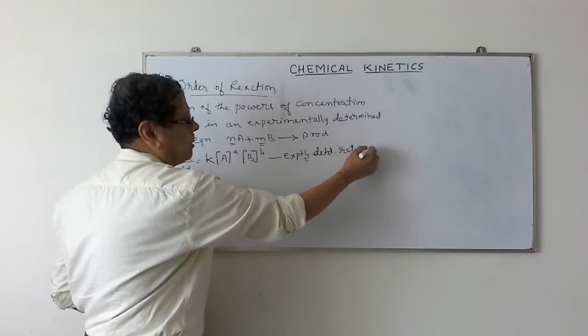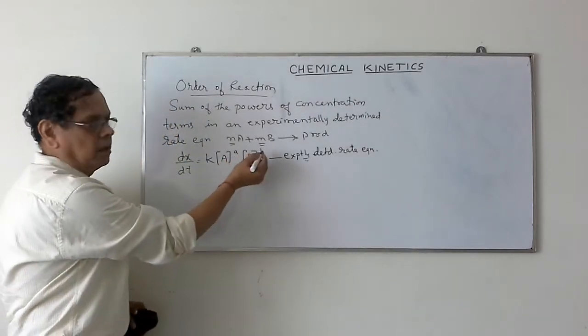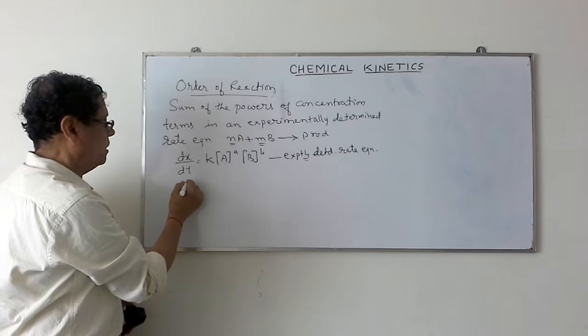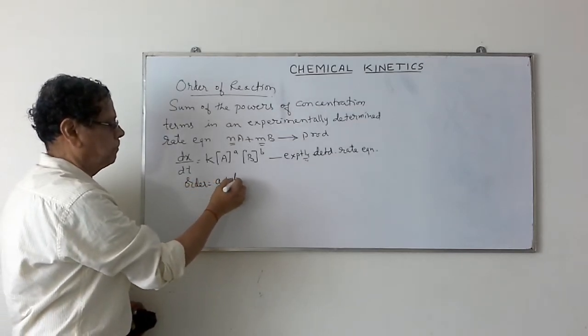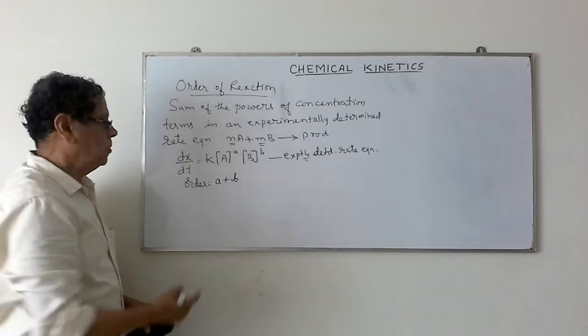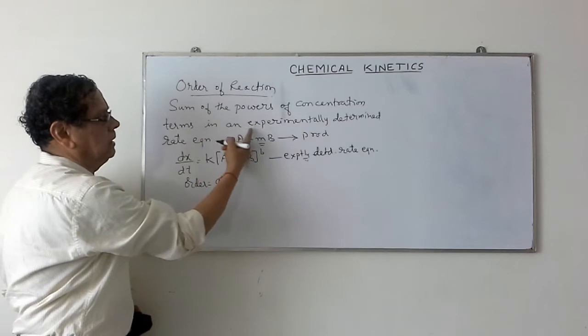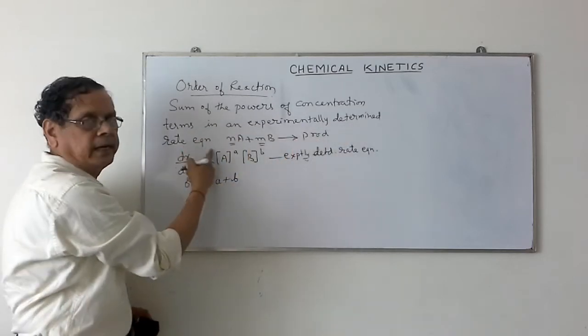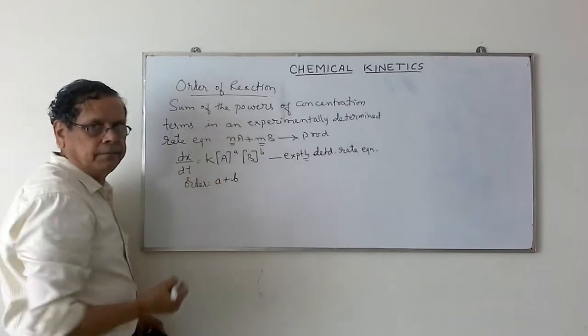So in this equation, if you take the sum of the small a and b, the order of the reaction will be a plus b. So the sum of the powers of concentration terms in an experimentally determined rate equation is called the order of the reaction.